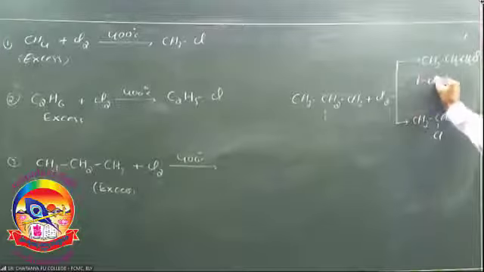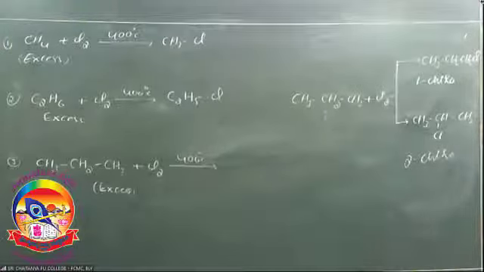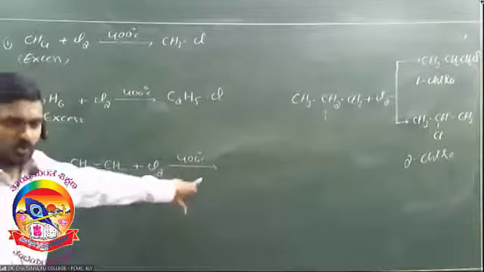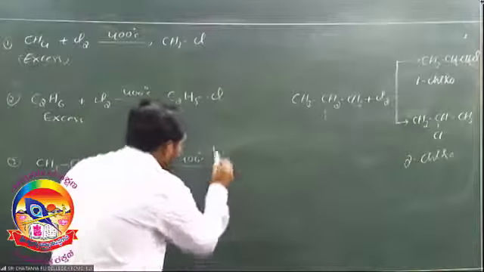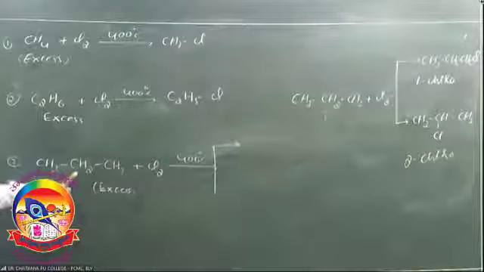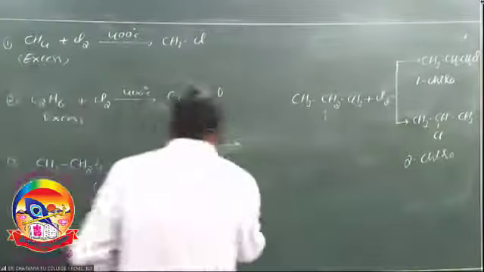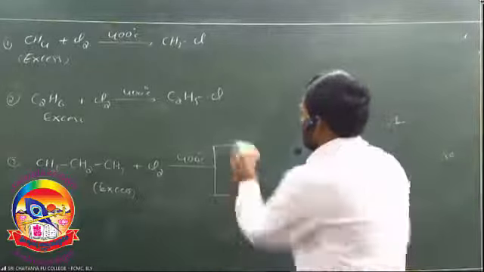So it is 1-chloropropane and 2-chloropropane. With excess propane, the first possibility is chlorine substituted on the first carbon, the second possibility is on the second carbon. So how many compounds are possible? Two compounds are possible.